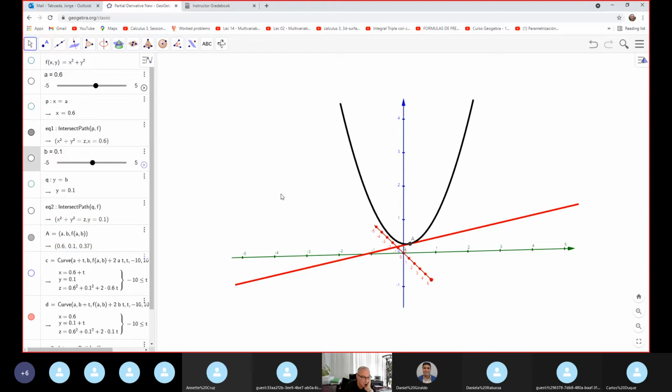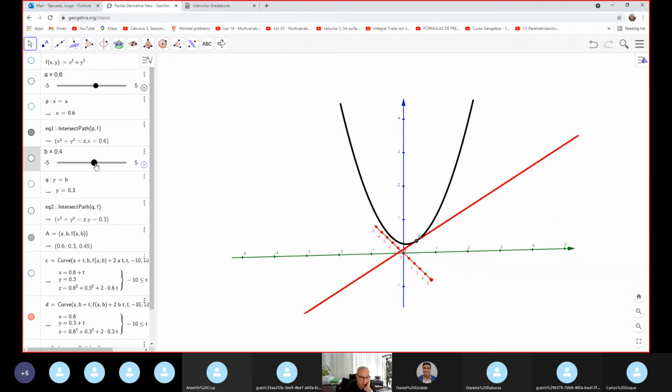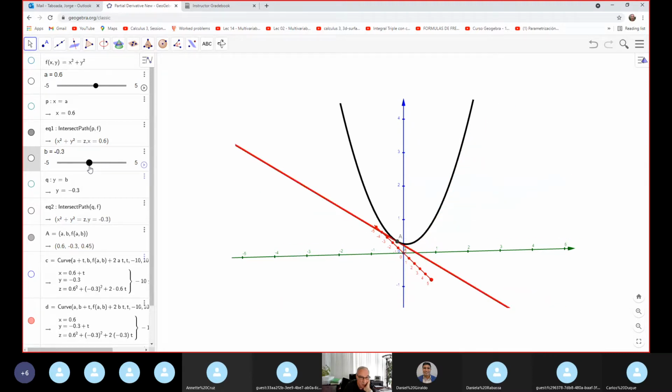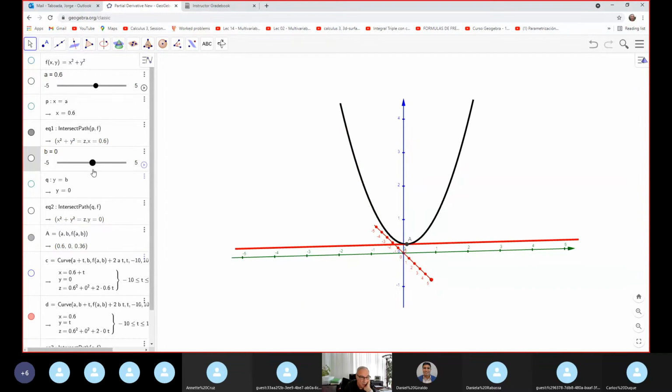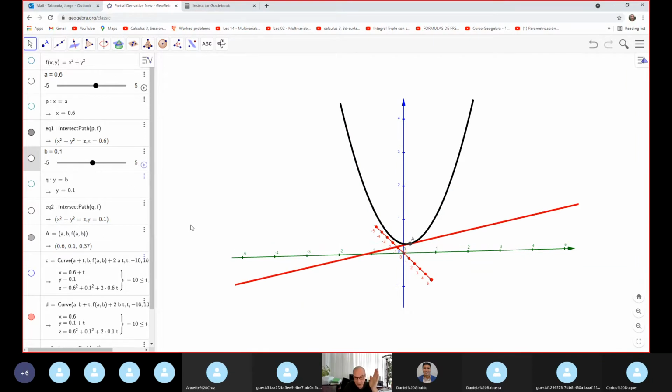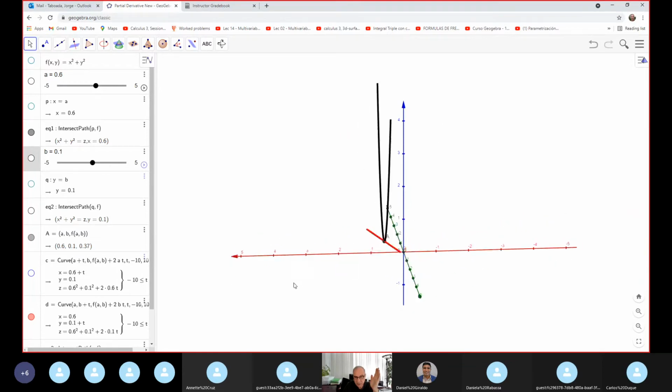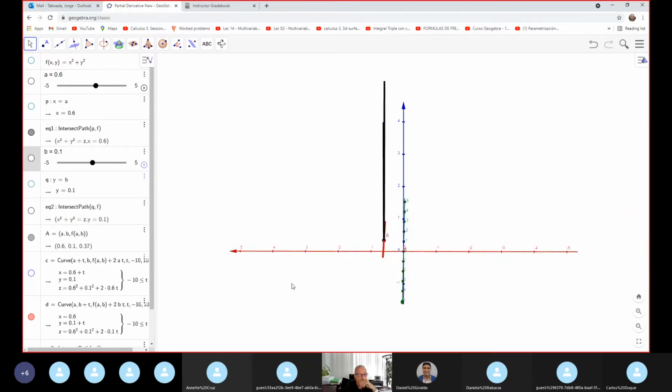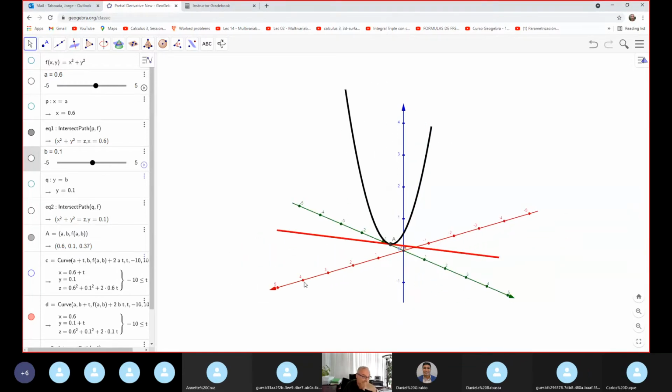In the y direction, when x is constant, let me try to change this. You change the y value, and you see that the derivative is the slope of the tangent line, exactly like in calculus 1. But in this case, it was the direction of y, the green one. Likewise, the same idea.